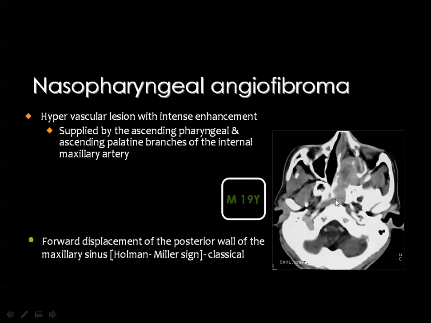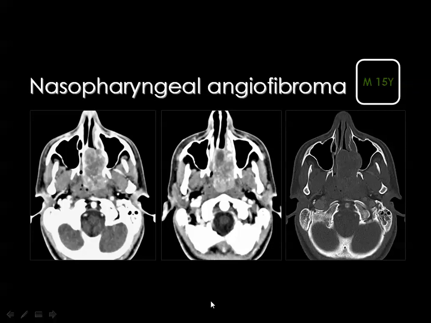And this is an example with a mass in the nasal fossa and in the nasopharynx. You see, this is the pterygopalatine fossa, which has been involved by the tumor, because the tumor originally arises in this particular area, which is the region of the sphenopalatine foramen.